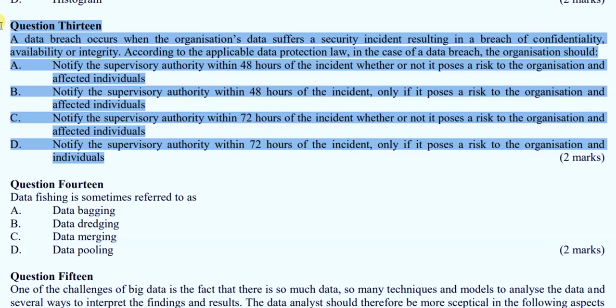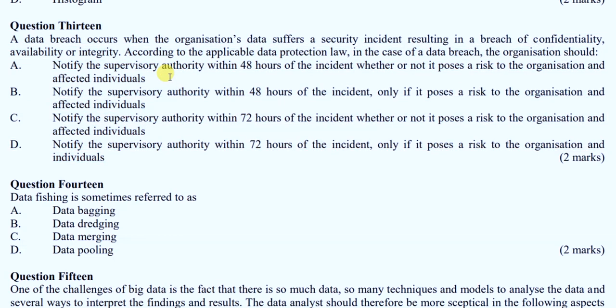Now, candidates, in my view, this question is a bit ambiguous. The question is testing a candidate's knowledge on data breach. The reason I say it's ambiguous is because in case of data breach, organizations have to follow applicable data protection laws and regulations which may require the organization to notify the relevant authorities of the incident.